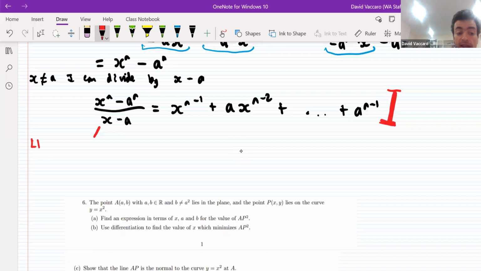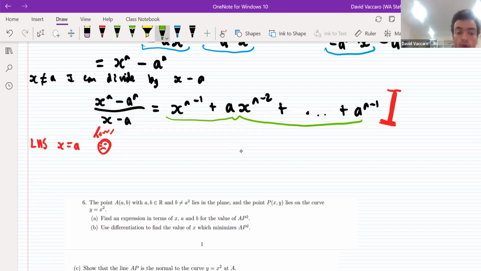If I put x equal to a, I just get a head explosion. But if I put x equal to a on the right-hand side, I'm just perfectly happy. I've just got a nice polynomial.